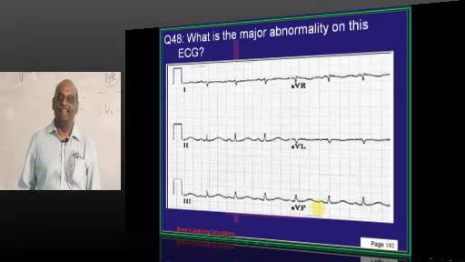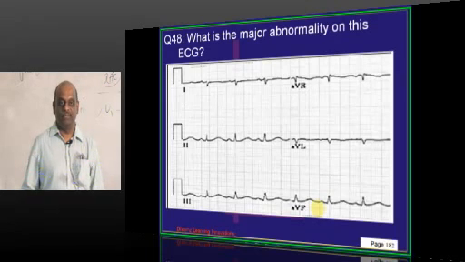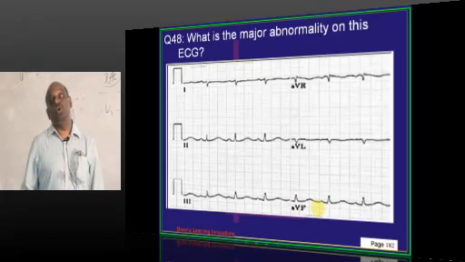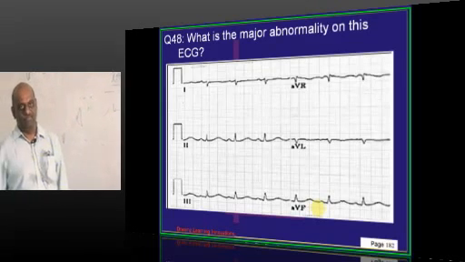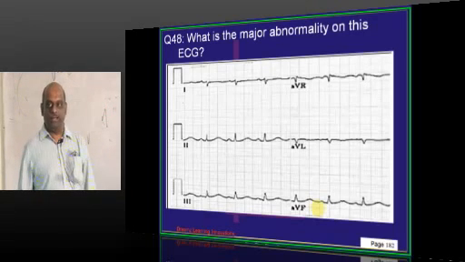Come on, doctor. What is the normal QT interval? 400 milliseconds, 0.4 seconds. If it is longer than that, then you call long QT.